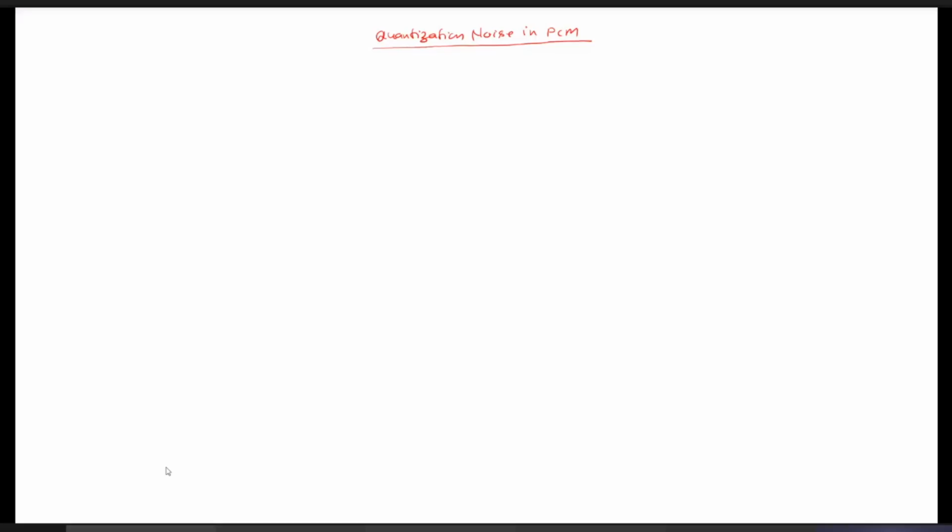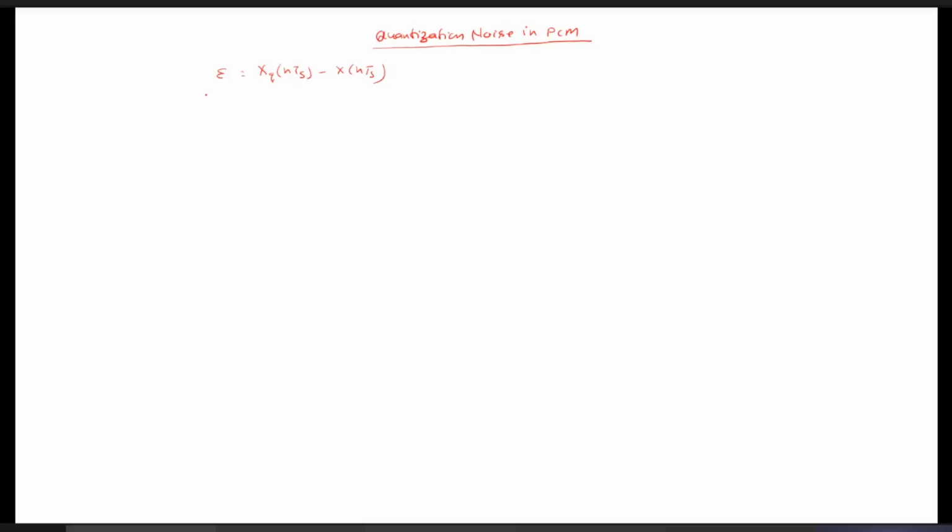That is the quantization error, the difference of the quantized output and the quantizer input. So we can represent this as epsilon.